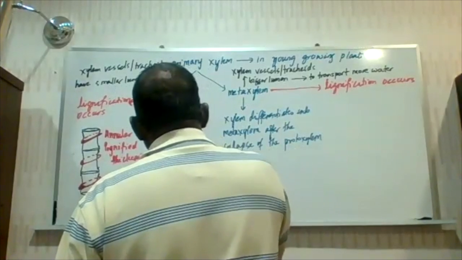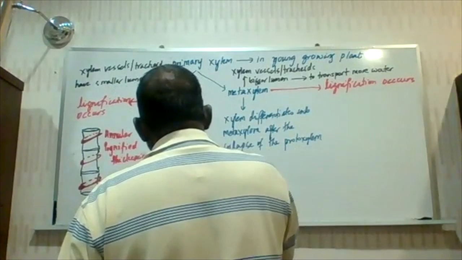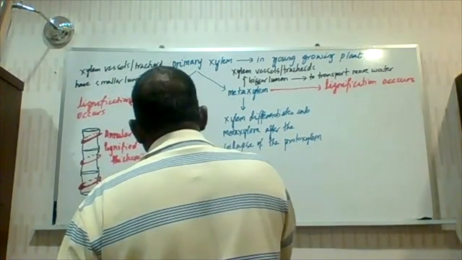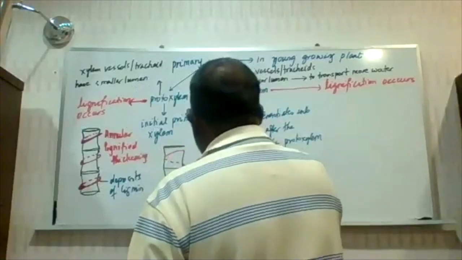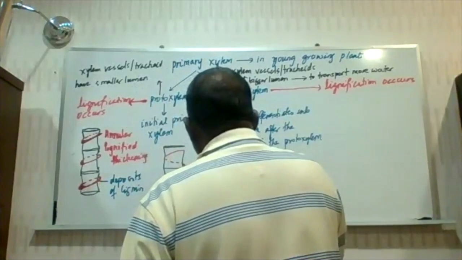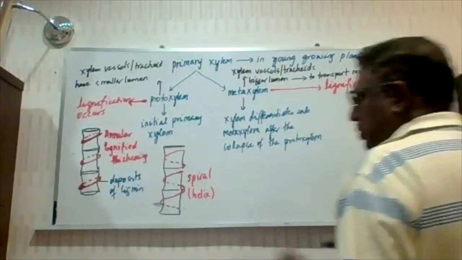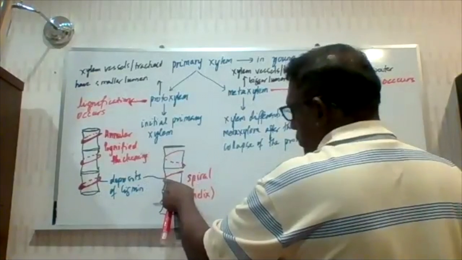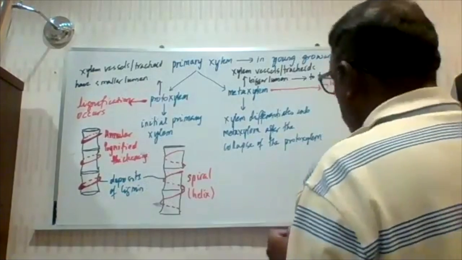It spirals down. So this is spiral thickening, or sometimes we call it helix. That's another form of thickening. So it's also deposits of lignin. They are on the walls. It looks as if it's coming out of the walls, but no, it's all on the surface of the walls.